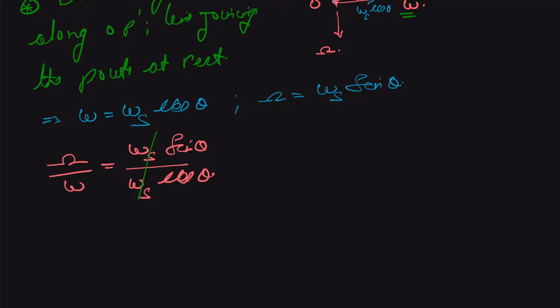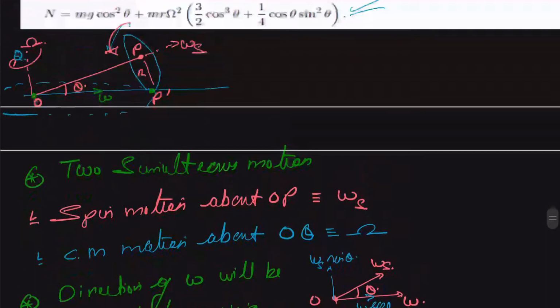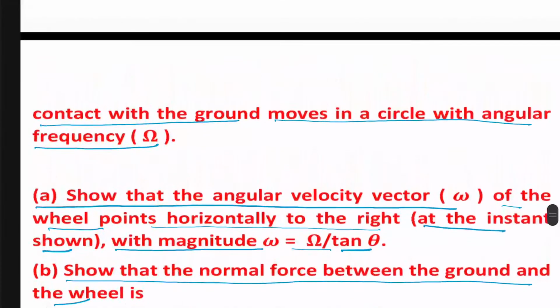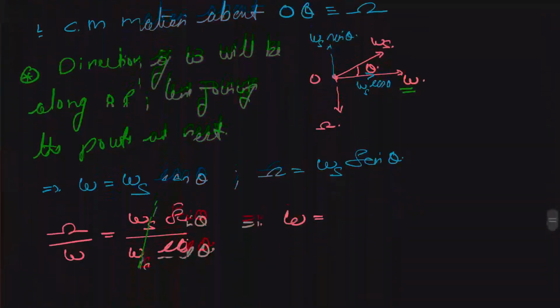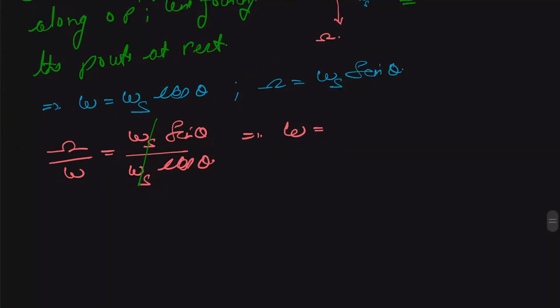So from here we get that the spin angular velocity, that is our small omega, will be equal to our capital omega divided by tangent of theta.